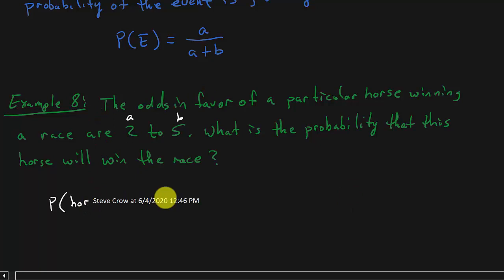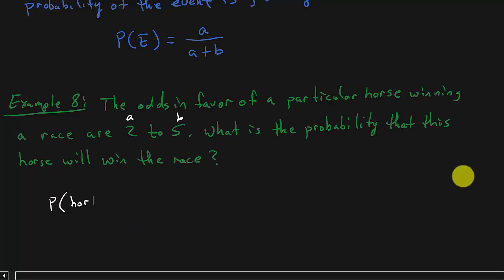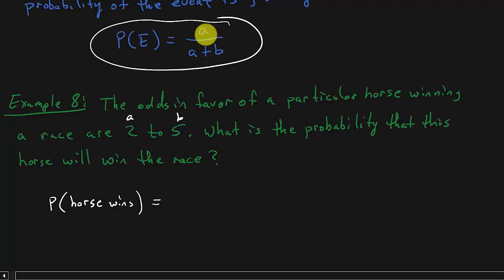All right, so the probability the horse wins the race, that's what we're looking for. The probability that this horse will win the race is what? There's your formula, A over A plus B. So 2 over 2 plus 5, which is 2 over 7.